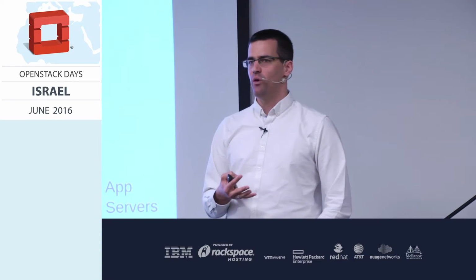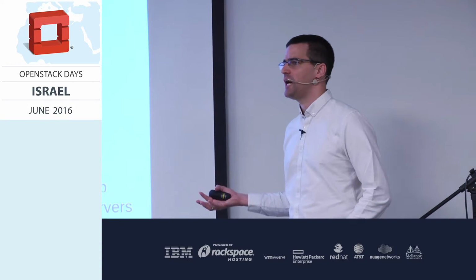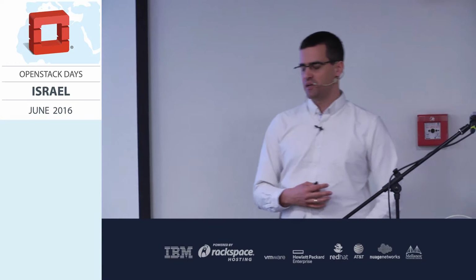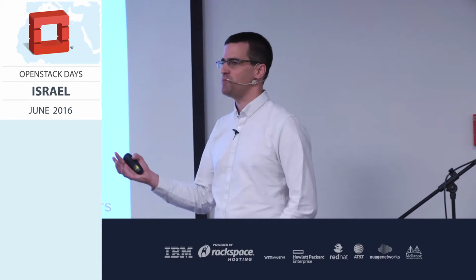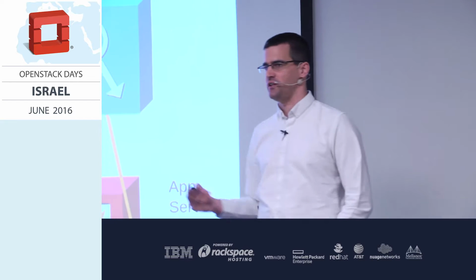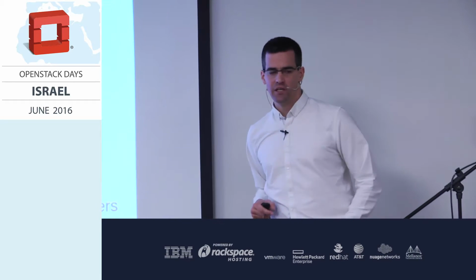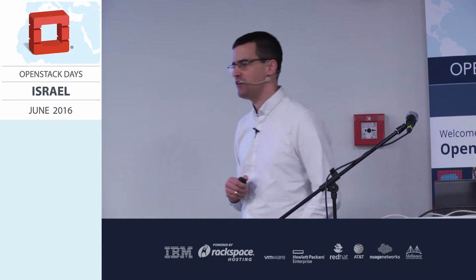So you might want to start out with just 2 or 3 application servers, and at certain peak times, you might want to scale out to 10 or 15 or something like that. This is something that OpenStack Heat allows us to do very, very simply and very easily.